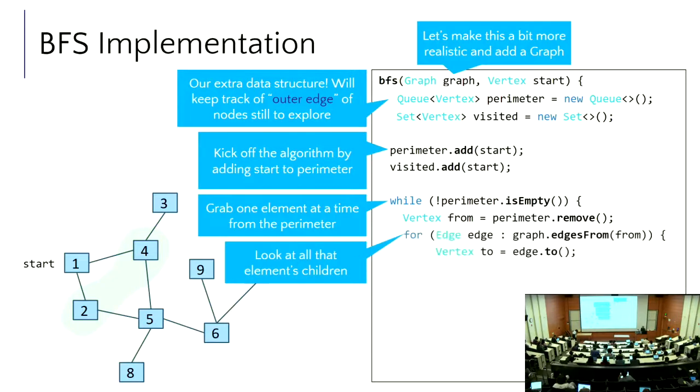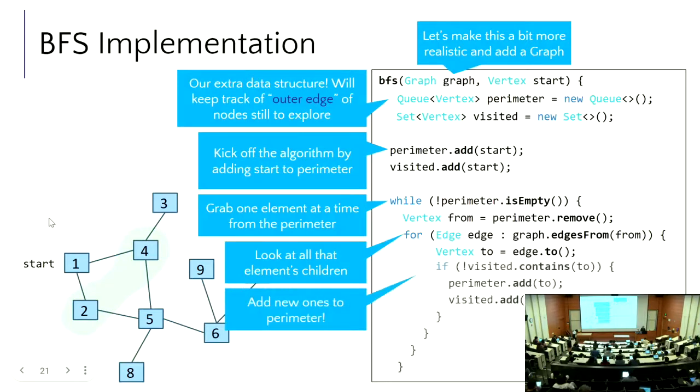And then I'm going to loop over every edge coming from that vertex and look at every one of my neighbors. So this vertex in here, this vertex 2, that's each of my neighbors. In this context, it started with 1, so I'm going to loop over 2 and 4. For each of my neighbors, if I have not already visited them, then I'm going to add them to the list of things to be processed, and mark them as, hey, I've been there.